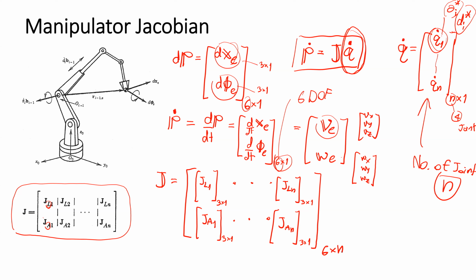To make it clear, what should this one be? What is the 3 by 1 vector that relates the linear position of the endpoint as a function of the change in the first angle?